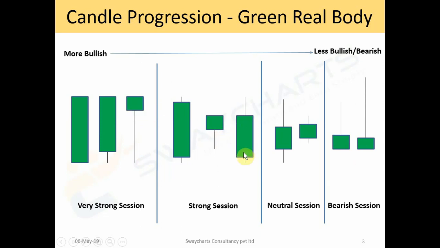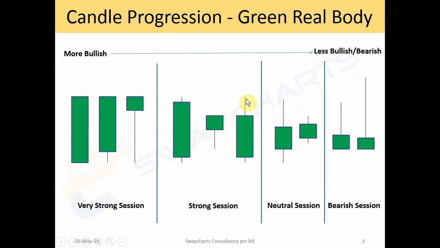Then in this case again we see that the real body is almost more than two-thirds of the total price movement in the day, which is between the low and the high. At least two-thirds is still a green body, which means the price has moved up by two-thirds of the candle, right?